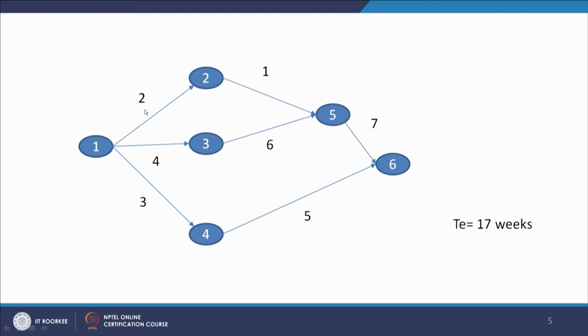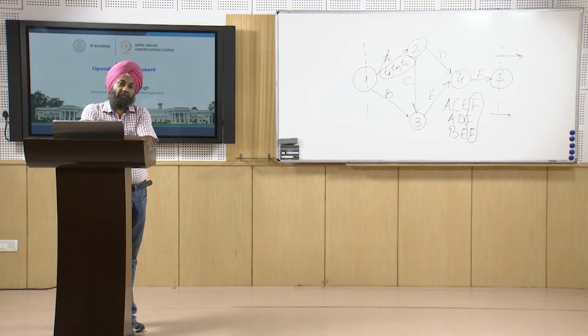Path 1-2-5-6 is 2 plus 1 plus 7, which is 10. Path 1-3-5-6 is 6 plus 4 plus 7, which is 17. Path 1-4-6 is 3 plus 5, which is 8. So 1-3-5-6, at 17, is the longest path. It thus becomes the critical path, and the expected time for completion of this project is 17 weeks.